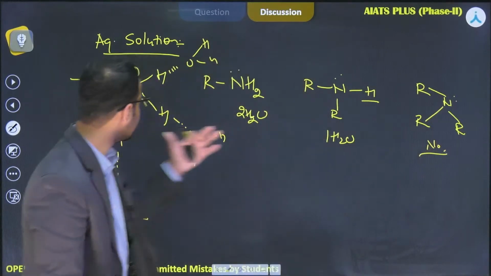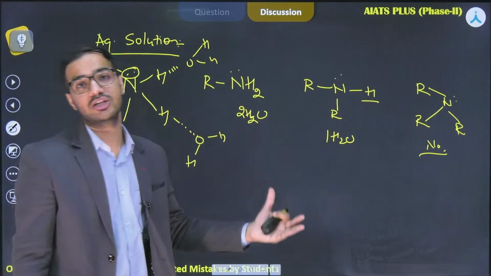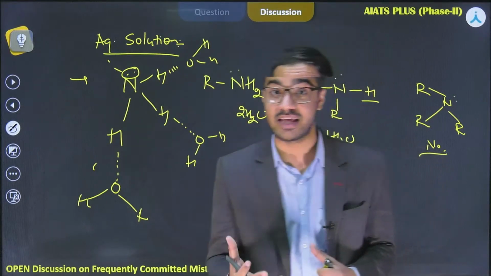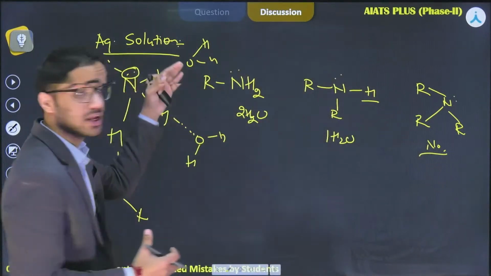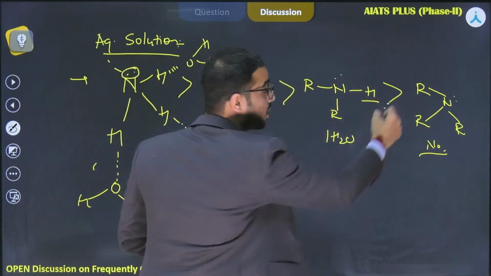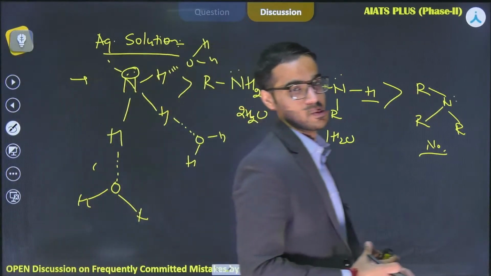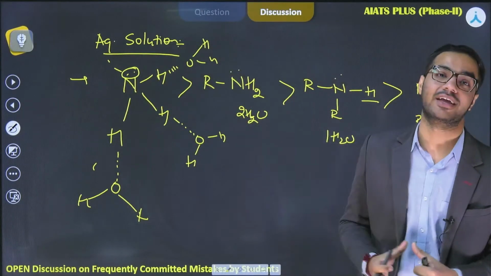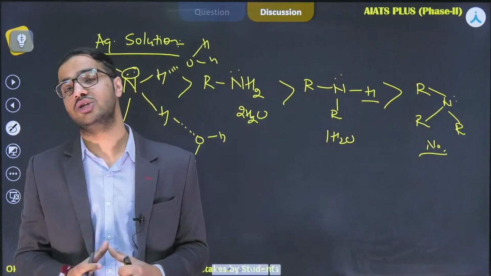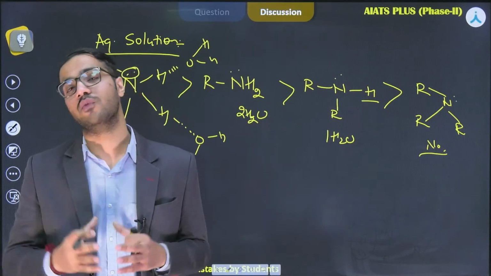It means in that case there will be more solvation energy released in order to carry out a reaction. So we can say that in aqueous solution this must have greater basicity, but we are lagging somewhere, because solvation energy is not the only factor which dominates the stability, or we can say the basicity of amines.